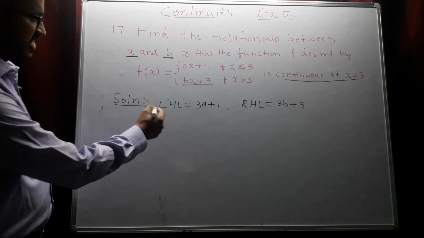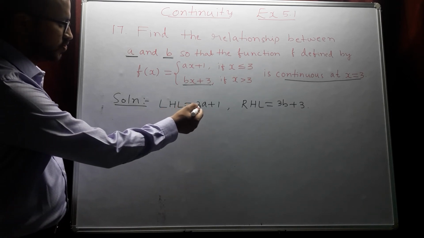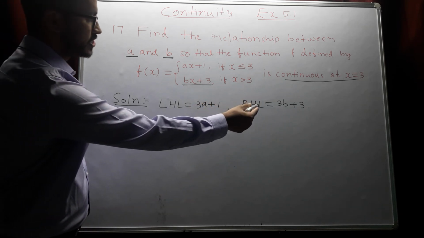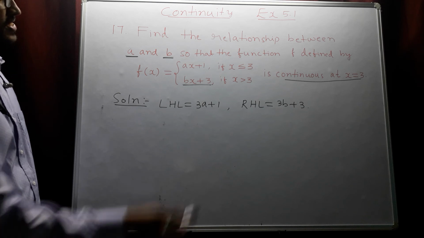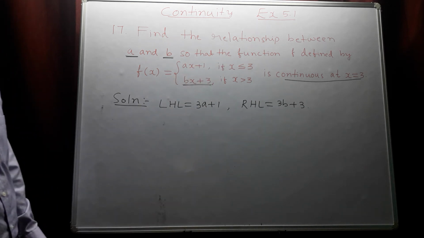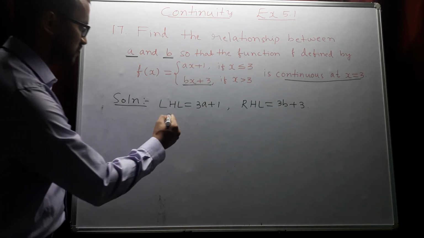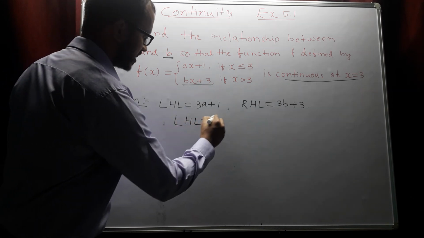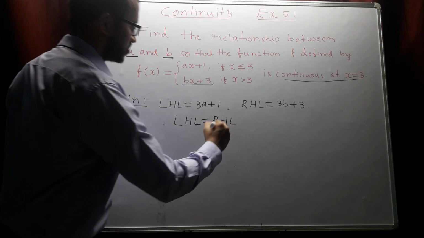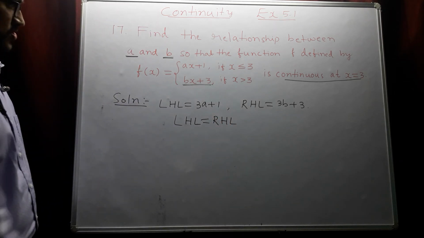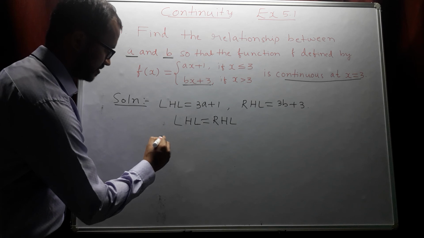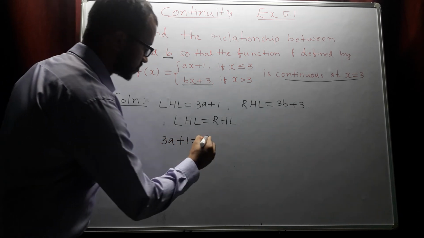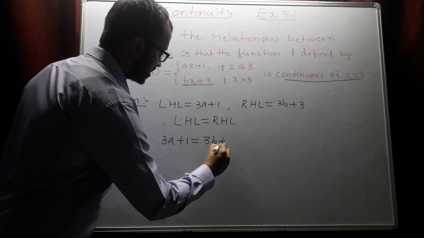So we obtained left hand limit equal to 3a plus 1 and right hand limit equal to 3b plus 3. Since the function is continuous at the point 3, we can equate the left hand limit to the right hand limit. Both the limits should be the same. So if you equate, we get 3a plus 1 is equal to 3b plus 3.